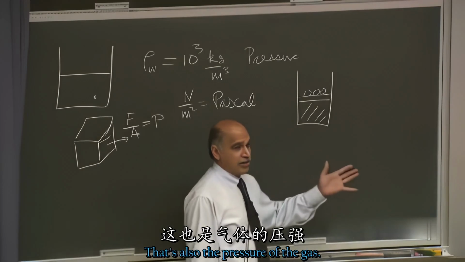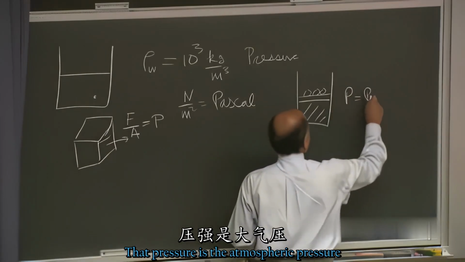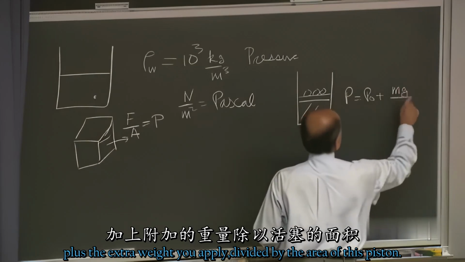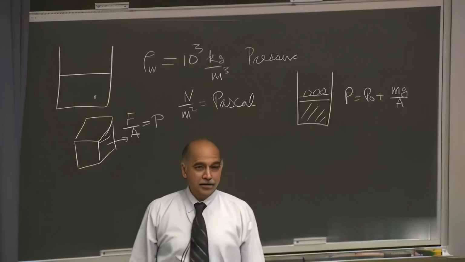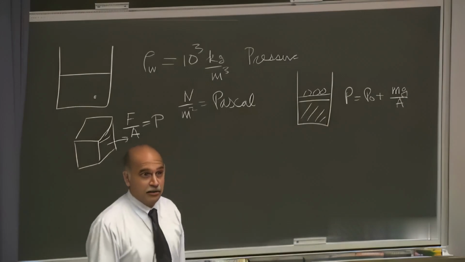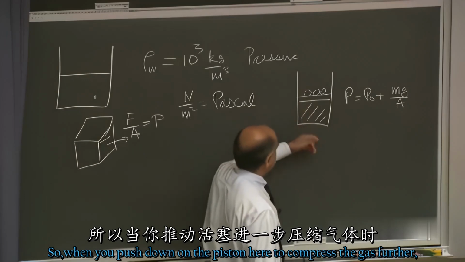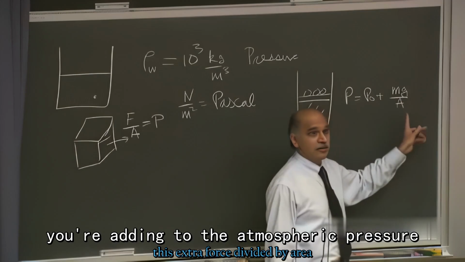That's also the pressure of the gas. That pressure is the atmospheric pressure plus the extra weight you apply divided by the area of this piston, because atmospheric pressure is everywhere. So when you push down on the piston here to compress the gas further, you're adding to the atmospheric pressure this extra force divided by area.